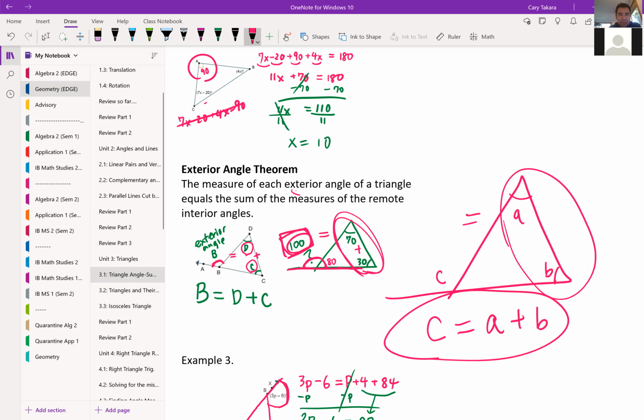The measure of the exterior angle, which is C, is equal to the sum, the addition, of the remote interior angles. Remote means a little bit far off, okay?